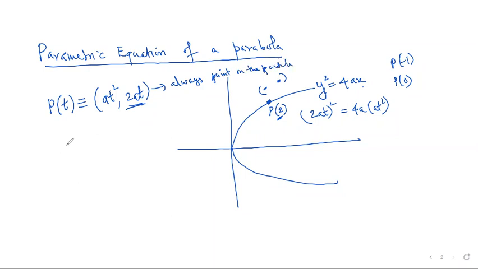Suppose I have a parabola y square equal to 8x. You can see 4a is 8, so a is 2. So every point on this parabola will be, put 2 in place of a, 2t square comma 4t.